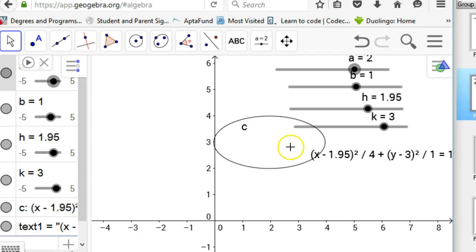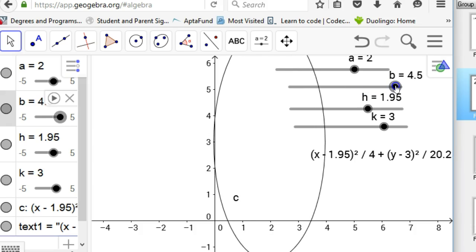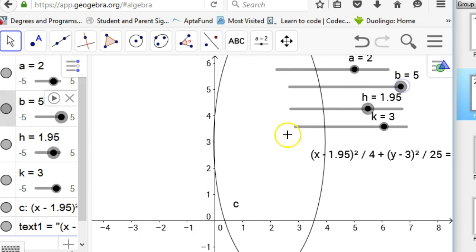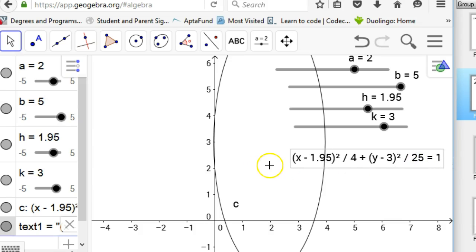And this length from the center to the outside is 2. So that's your semi-major axis, that's the long side. And if you change b to 5, notice it's 25 there, and your semi-major axis now would be 5. From the center down, it's 5.